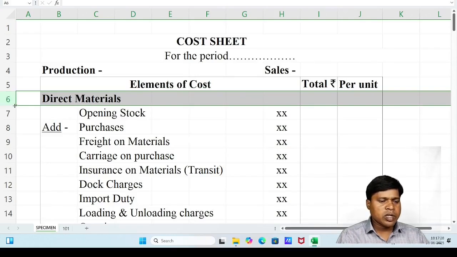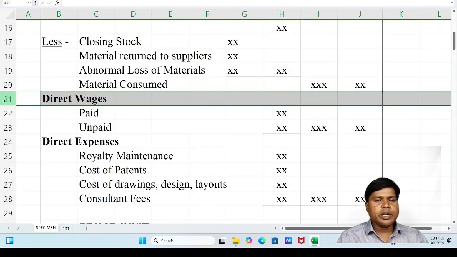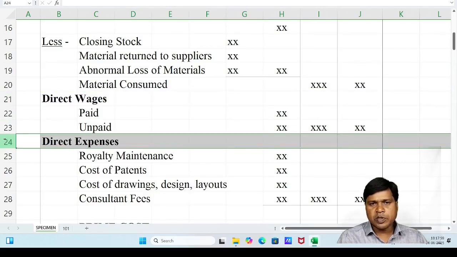Direct materials, under direct materials there are sub cost elements, but we will see these sub cost elements at the time of practical problem. Then next cost element is direct wages, then direct expenses. These are the three major cost elements of prime cost. Total of direct material, direct wages and direct expenses is called prime cost.